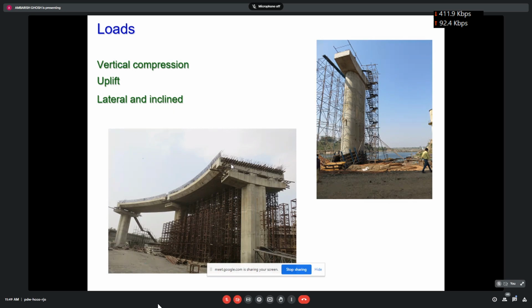No, sir. Anyway, it is in the syllabus next semester. This is the pier cap. You can see how thin it is because pre-stressing has been done. Here the whole deck has been pre-stressed.